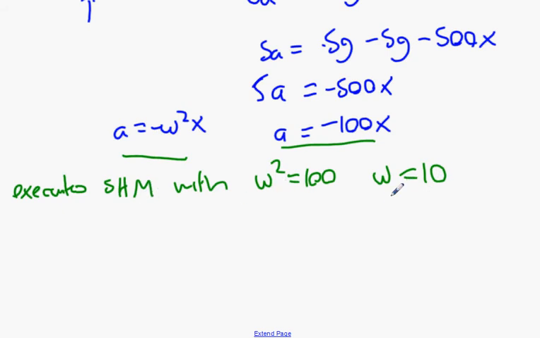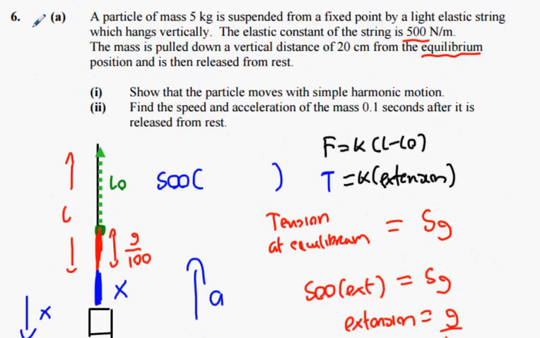Therefore omega equals 10. That's great. Now what we're going to do next is we have to show that the particle moves with simple harmonic motion. Done. So that's all that information gone there.